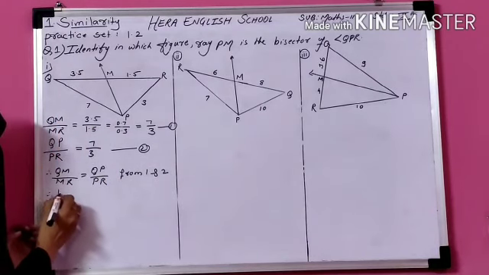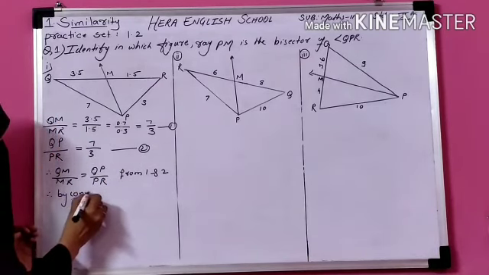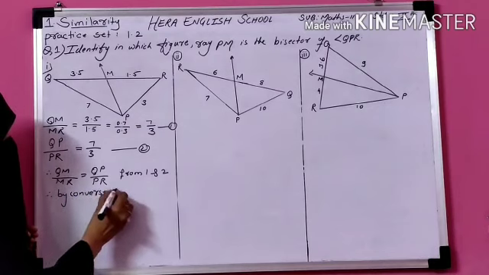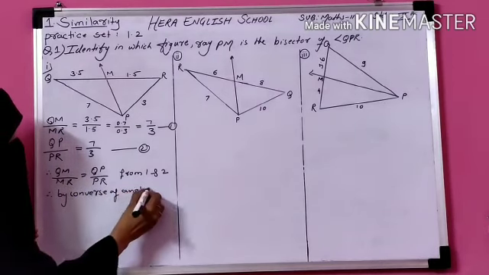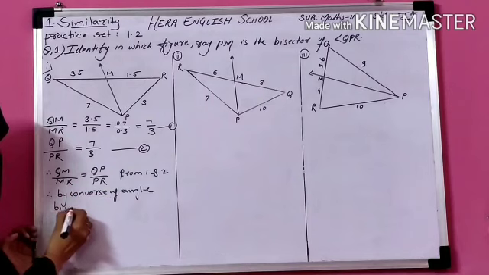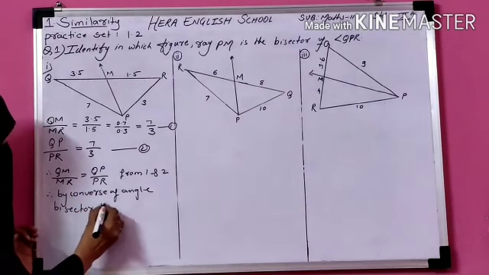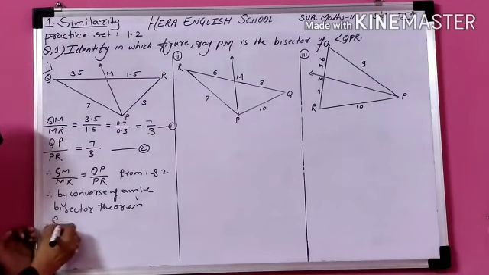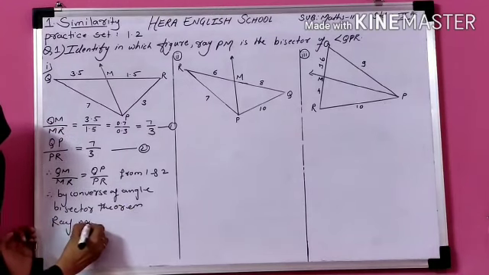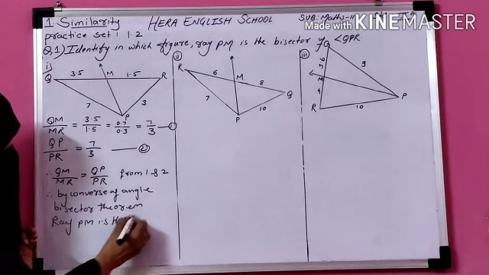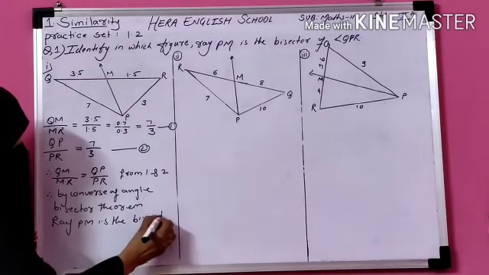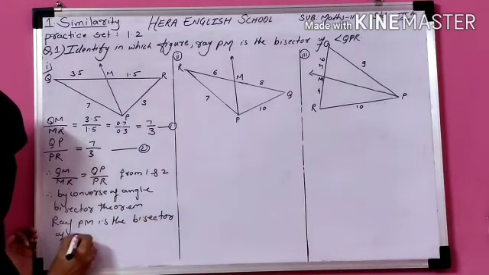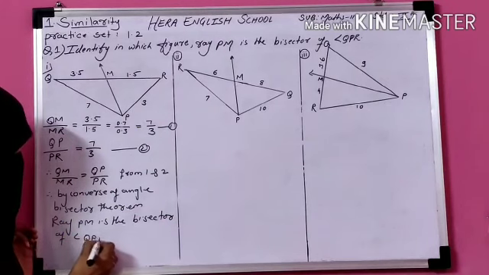So therefore, by the converse of the angle bisector theorem, ray PM is the bisector of angle QPR.